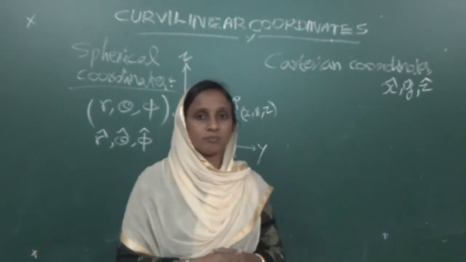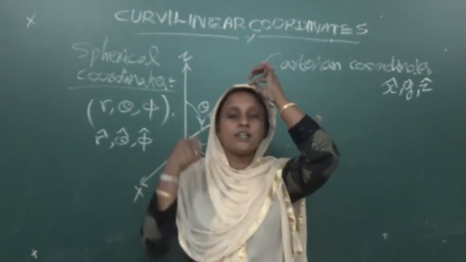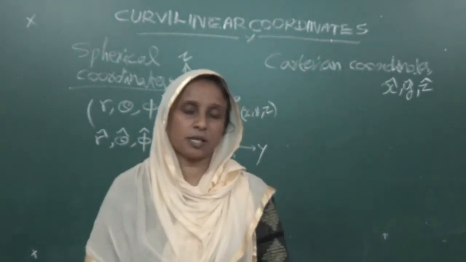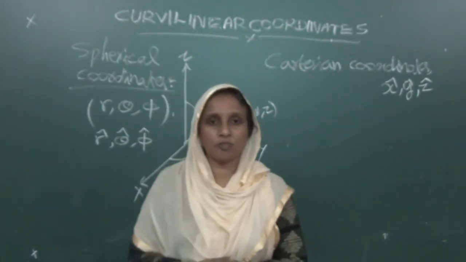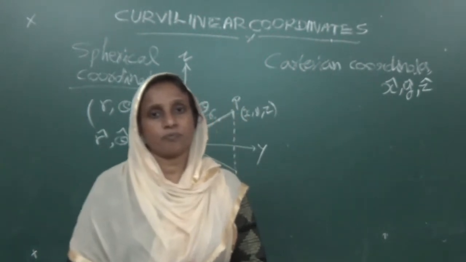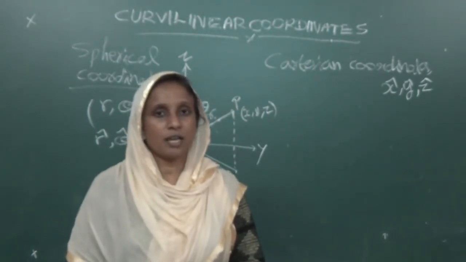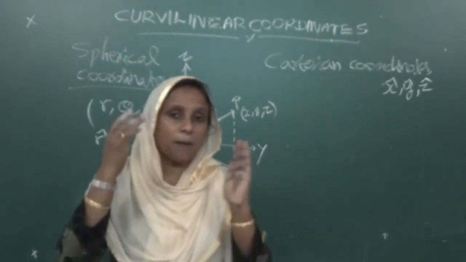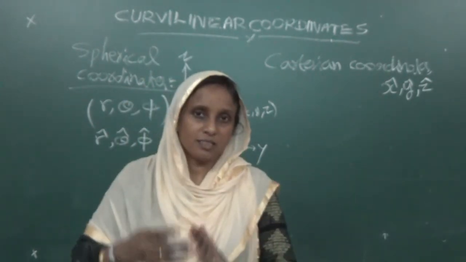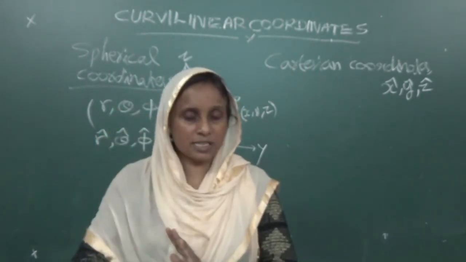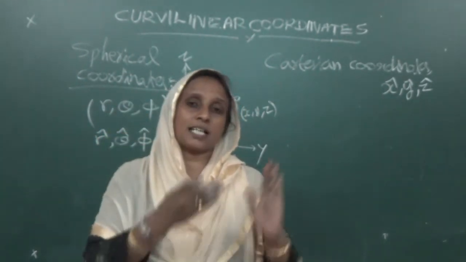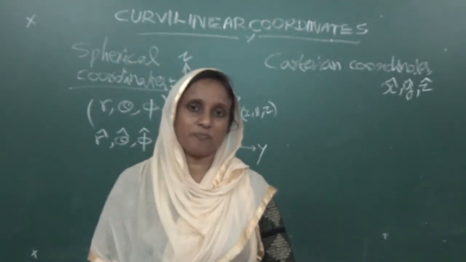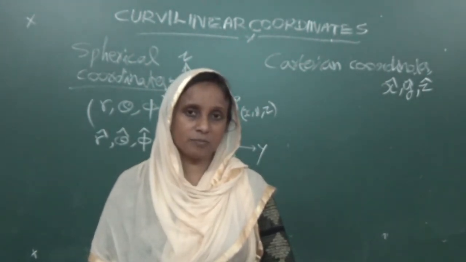So we can use either the Cartesian coordinate system or the spherical coordinate system depending on the symmetry of our system. That means we can convert the components of a vector in the Cartesian coordinate system to its corresponding components in the spherical polar coordinate system. Is it clear?